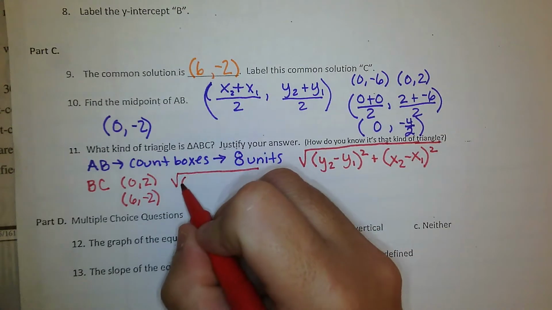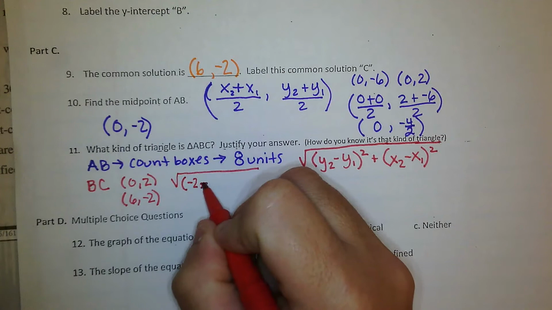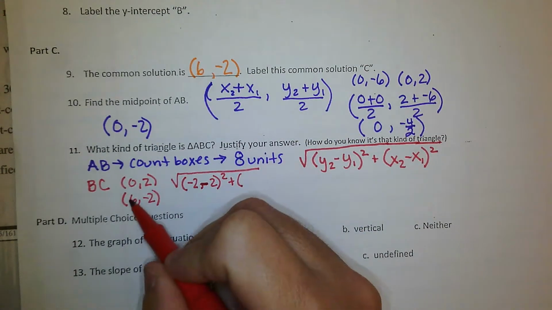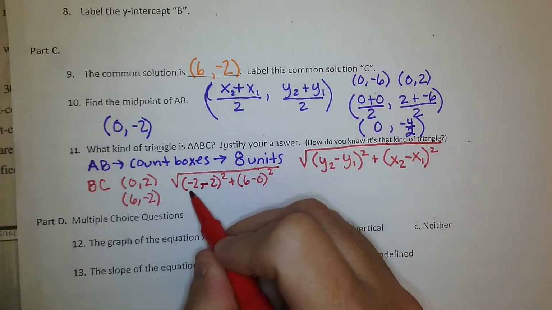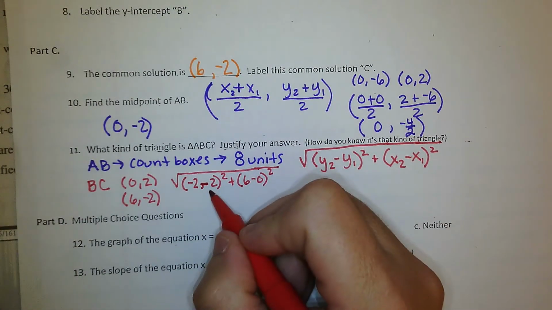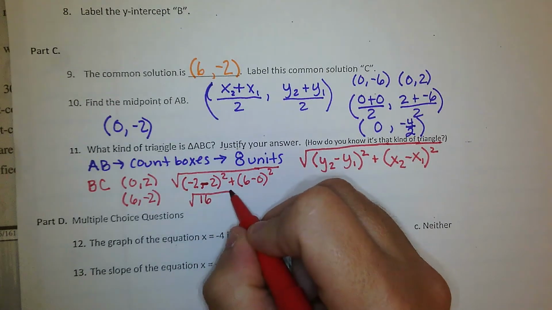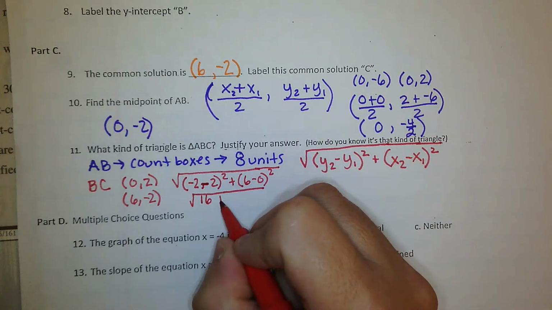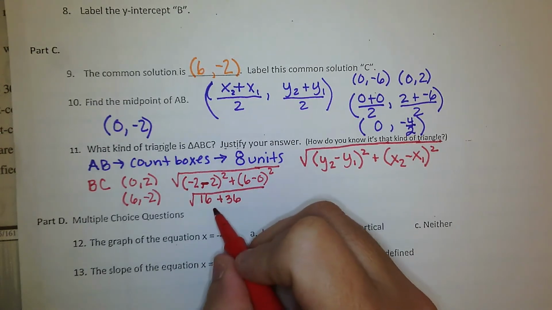Y2 minus y1 is -2 minus 2 squared. And x2 minus x1 is 6 minus 0 squared. -2 minus 2 is -4, and -4 squared is 16. 6 minus 0 is 6, and 6 squared is 36. 16 and 36 is 52.